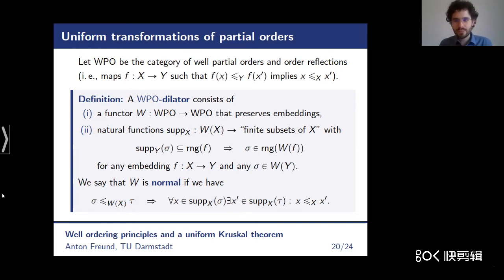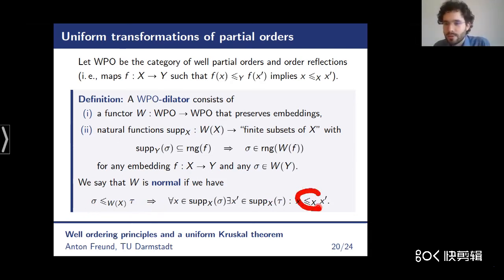And this also has quite an intuitive meaning, actually. Namely, think of this inequality here as an embedding of a tree sigma with labels into another tree tau with labels. And for embeddings of labeled trees, it's usually required that if I send some node in this tree here to another node in this tree here, then the label at this node here must be bounded by the label of the image node.